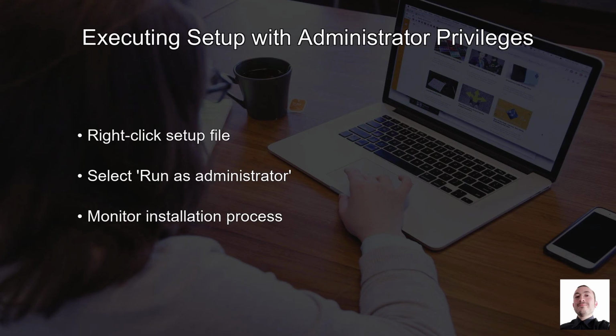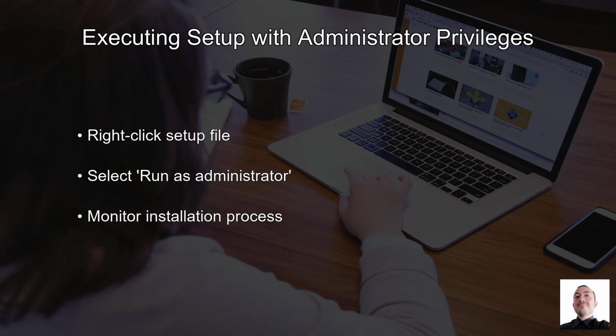Now, let's address the CLR20r3 error by running the setup with administrator privileges. This step is crucial because it grants the installer the necessary permissions to make changes to your system. To do this, locate the setup file on your computer. Right-click on it and select Run as Administrator from the context menu. This action elevates your privileges, allowing the installation process to proceed without encountering permission-related errors.